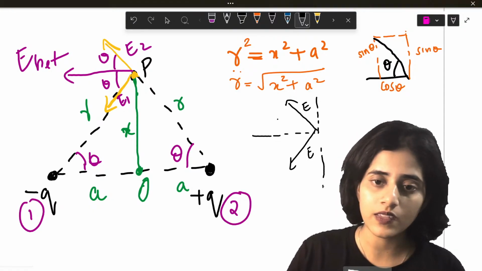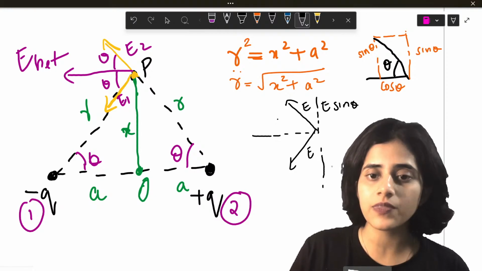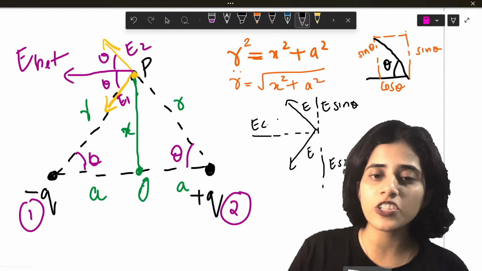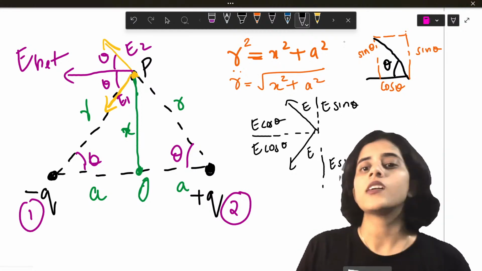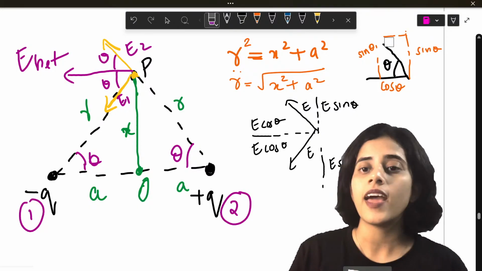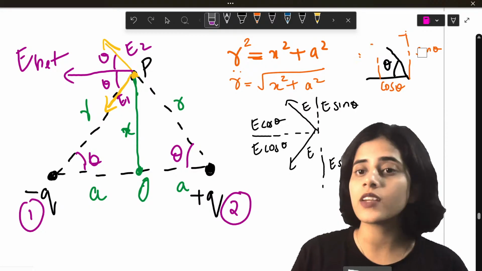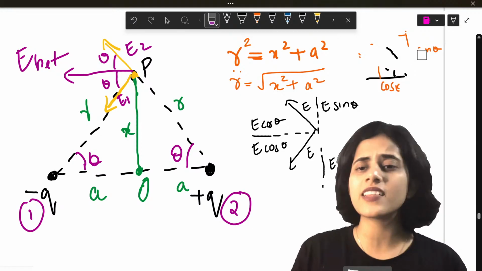So this is going to be E sin theta. This is also going to be E sin theta. This is going to be E cos theta. This is also going to be E cos theta. E sin theta and E sin theta are equal and they're opposite as well. They're going to be of the same size and opposite. So you can cancel them out.